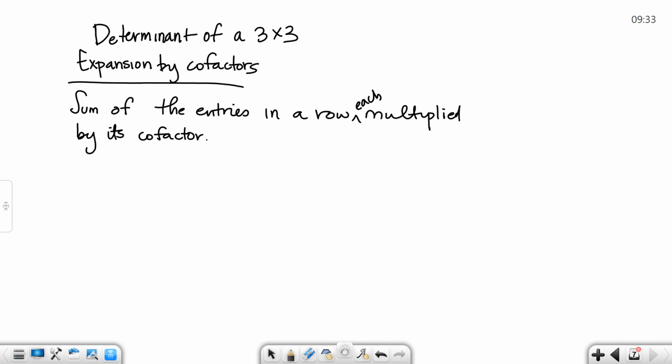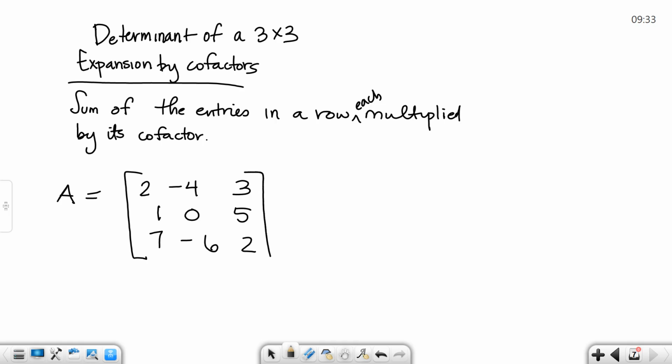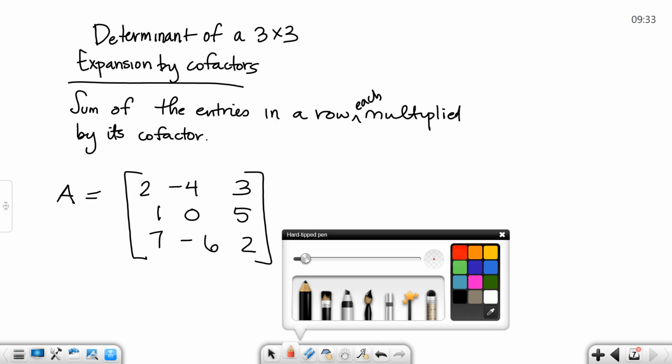Okay, so let's say, just to prove this little part here, I gave you this matrix, matrix A. I think it's a -4. Let's say I asked you to find the determinant. Here is what that statement above means.